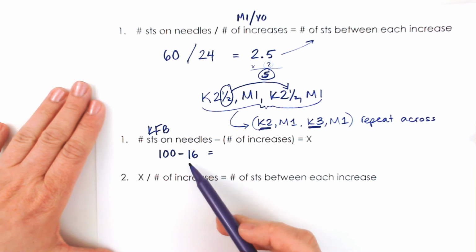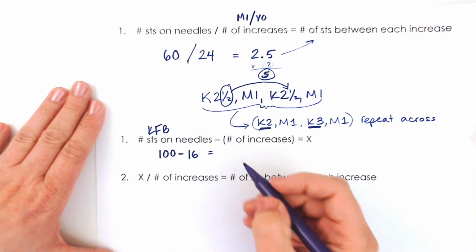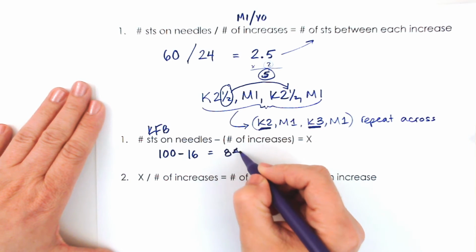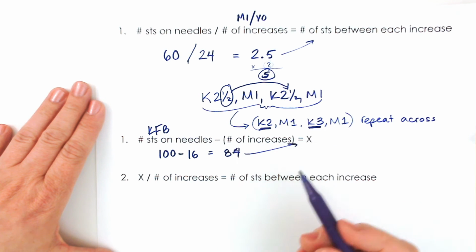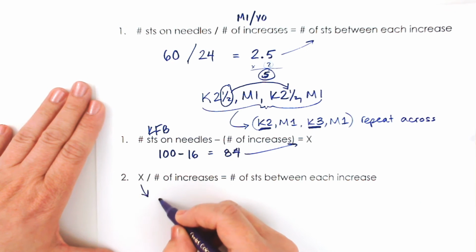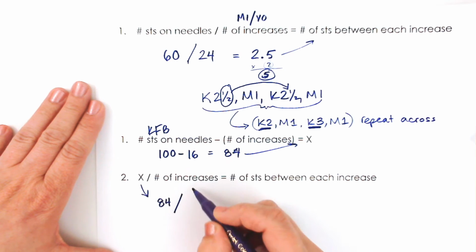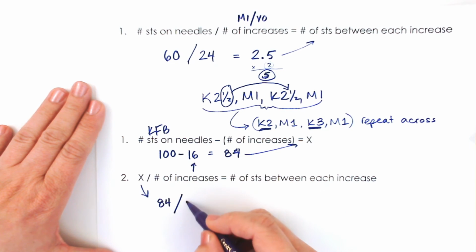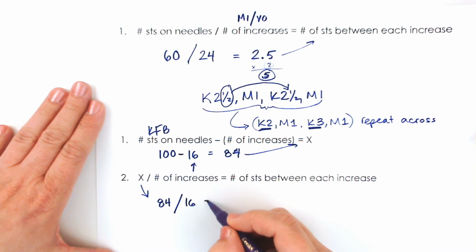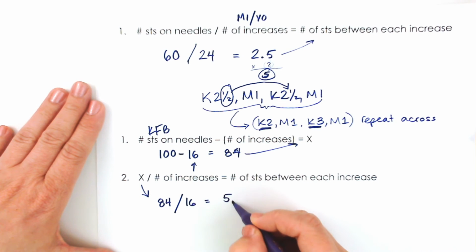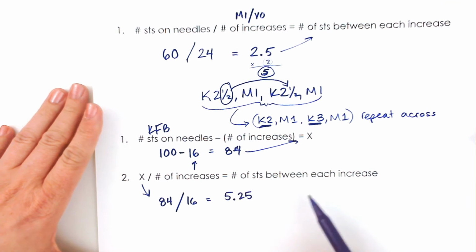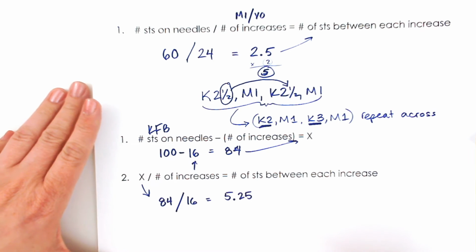So 100 minus our number of increases equals 84. So 84 equals X. So X, 84, divided by our number of increases, which was 16, equals 5.25 stitches between each increase.